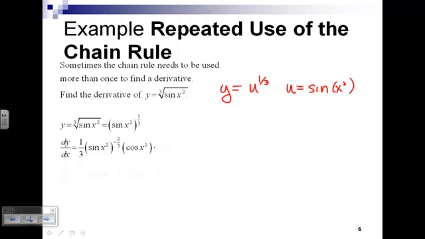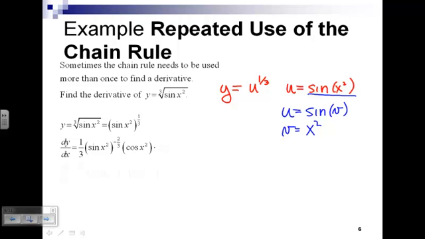Well, sine of x squared is itself a composite function. I told you this is like an onion. That's why it's a chain. This function here is a composite function. u could be equal to sine of v, and v is equal to x squared.